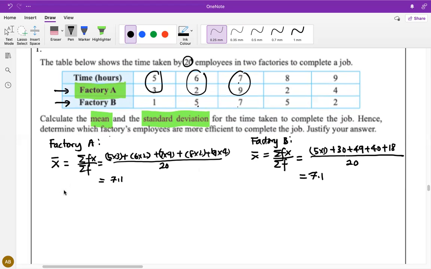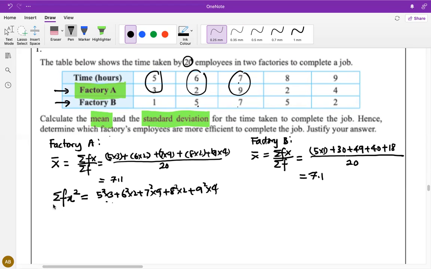So now we need to find the standard deviation. The first thing we need to find is the sum of frequency times the data squared. So for factory A it's 5 squared times 3, plus 6 squared times 2, plus 7 squared times 9, plus 8 squared times 2, plus 9 squared times 4.